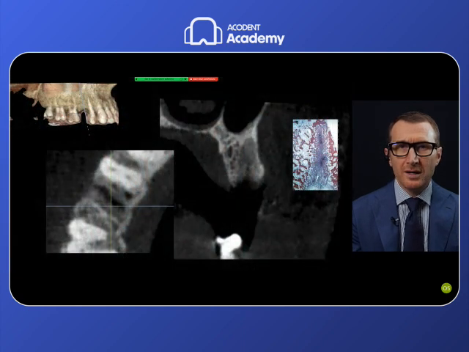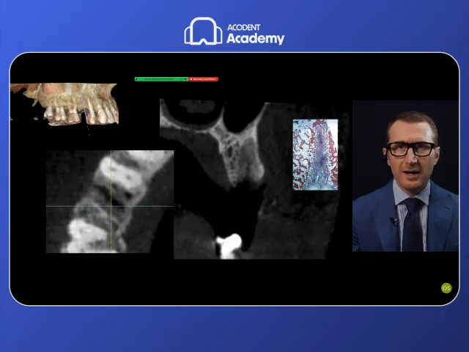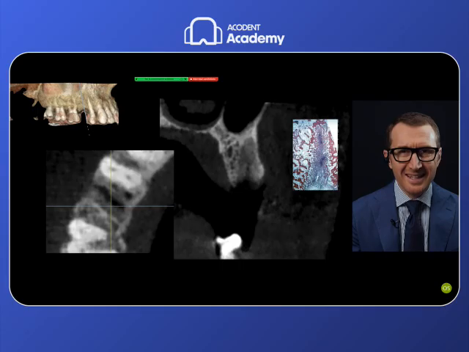But if you are looking at the CBCT of a patient where a tooth has been extracted 2 months before, we are going to see exactly the same radiological image as we have seen in the histology of the dog.